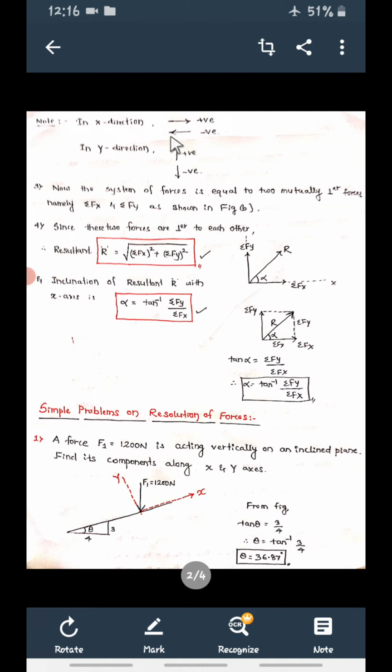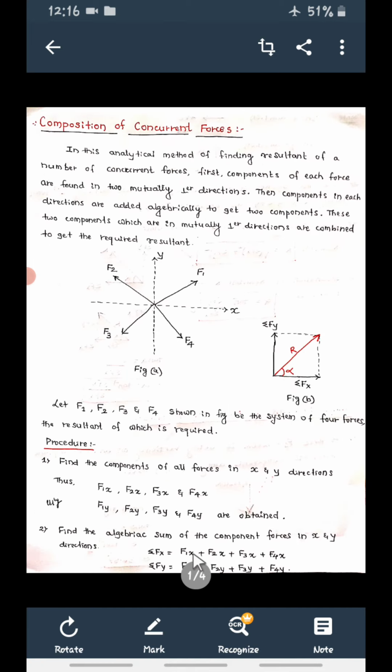And in y direction, upward forces are positive, downward forces are negative. So depending upon this positive and negative, you have to add the sign convention. So F1x minus F2x minus F3x plus F4x. According to sign, add, we will get summation Fx. It may be plus or it may be minus.